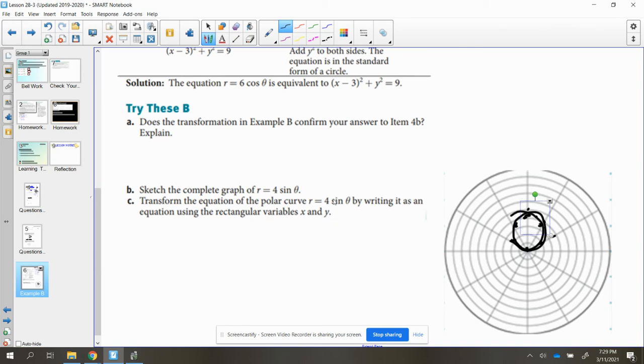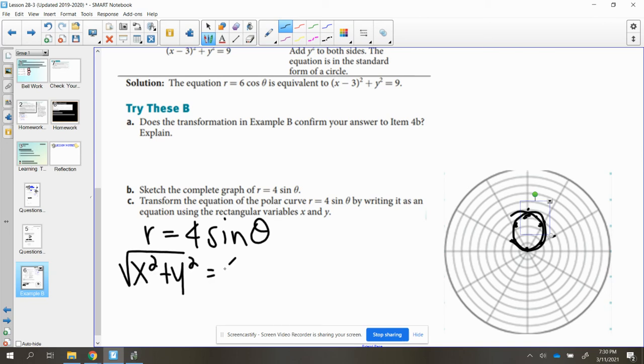Okay. Now to transform this into a rectangular equation, we're going to take our r and our sine and make that substitution in. So we have square root of x squared plus y squared equals 4 times the value of y over r, which again is the square root of x squared plus y squared.